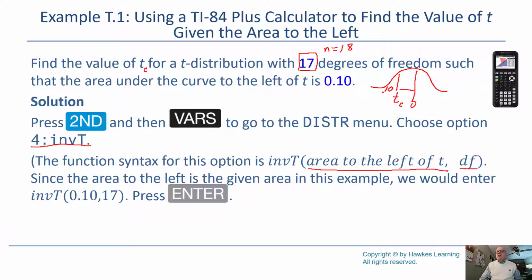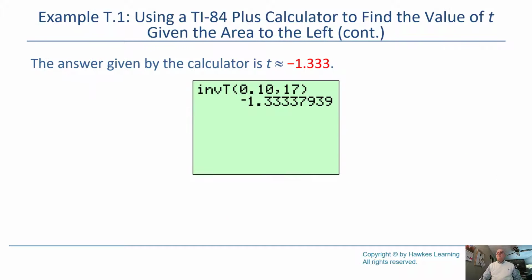For this example, there's our inverse T, our area, our degrees of freedom, hit enter, and there you go, negative 1.333. It's negative, just like I said, because that area is on the left and very small. The picture there is what you would likely see on your TI-84 of any variety.